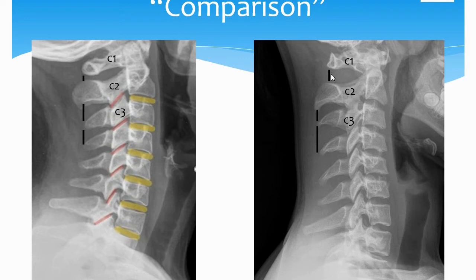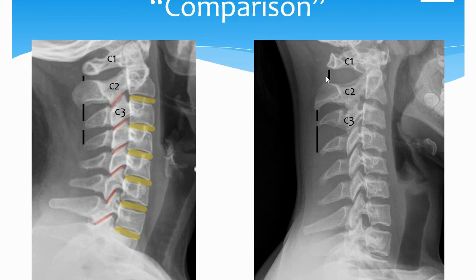And you notice that the distance between C1 and C2 is different between the normal, which is on the left side, and the abnormal, which is on the right side. You see the bigger gap between the C1 and C2 spines. At the same time, even as a patient, you can detect that the curvature, which is normal here, is not matching the abnormal case right here.